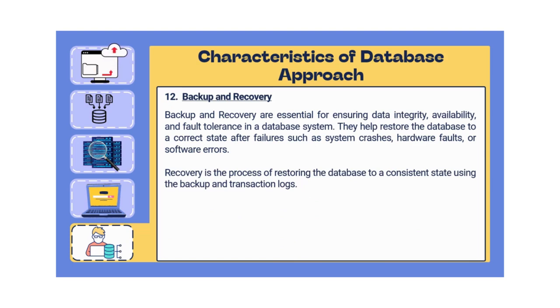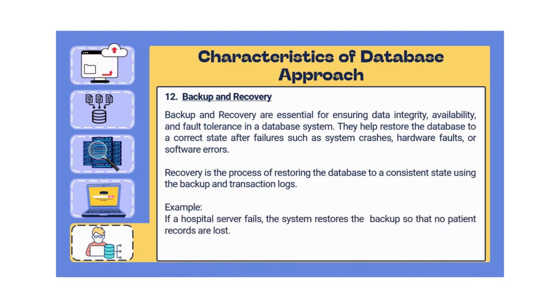Recovery is the process of restoring the database to a consistent state using the backups and transaction logs. Example: if a hospital server fails, the system restores the backup so that no patient records are lost.